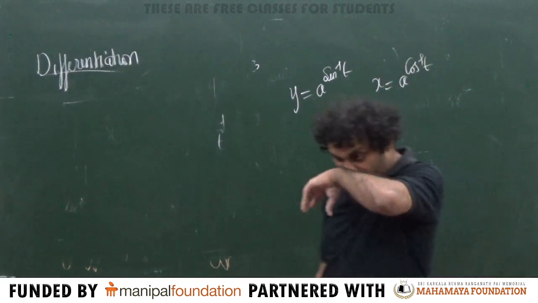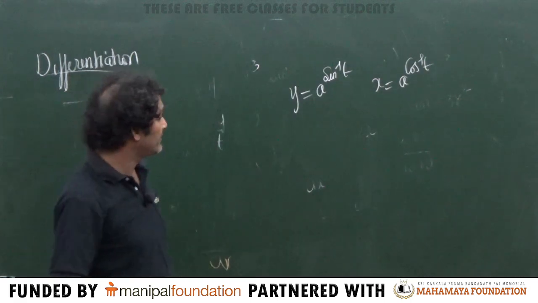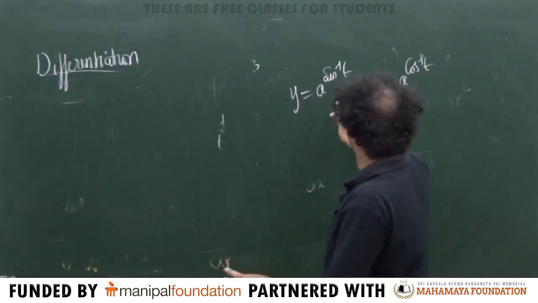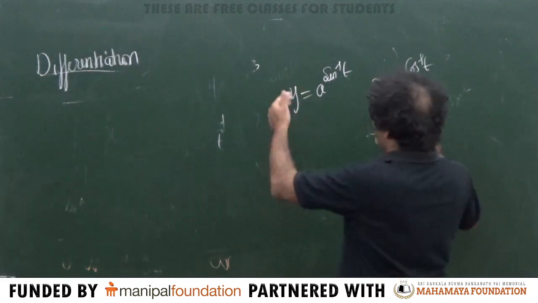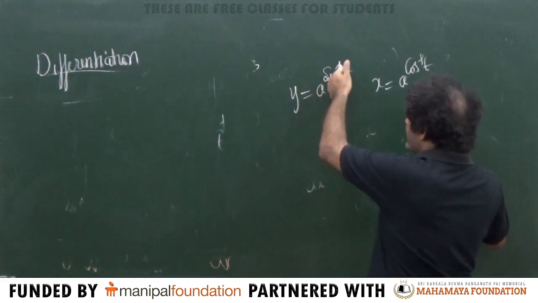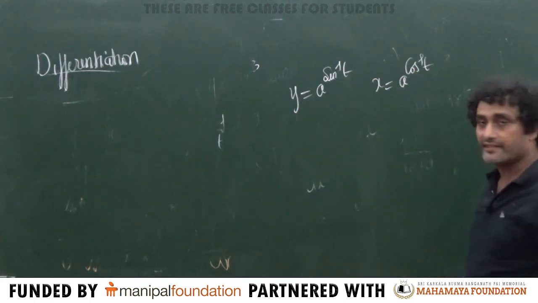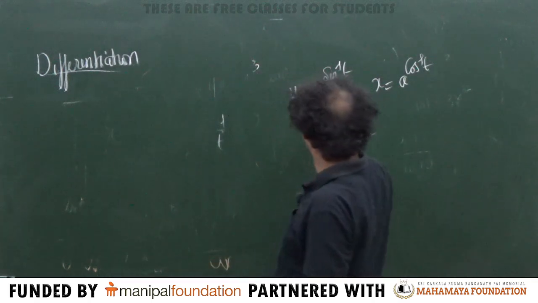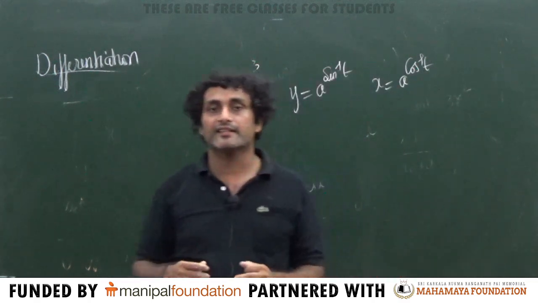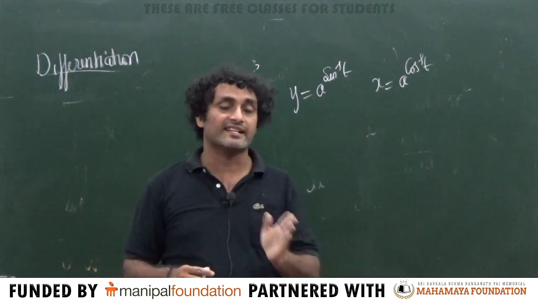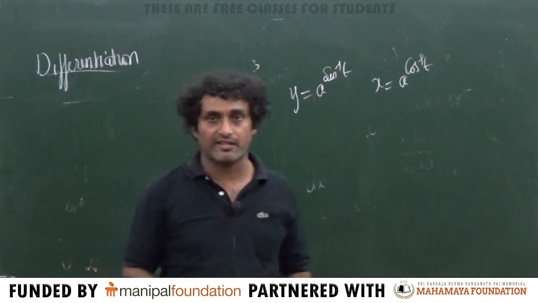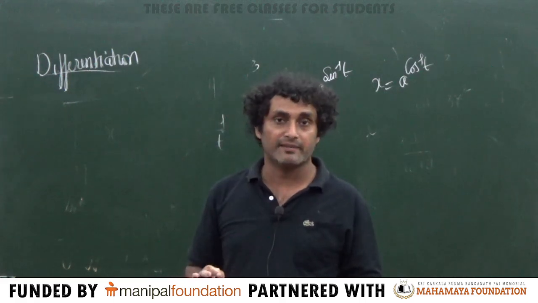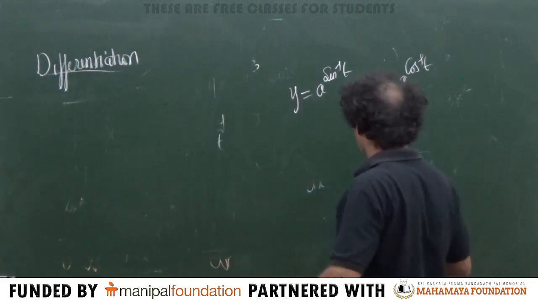So you have to find dy by dx. You have to do dy by dt and dx by dt, correct, no? And it will take too much time. So one option is, have we learnt in inverse trigonometry that sine inverse x plus cos inverse x is pi by 2? So we'll use that logic.